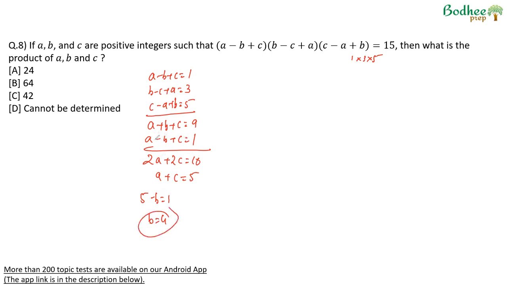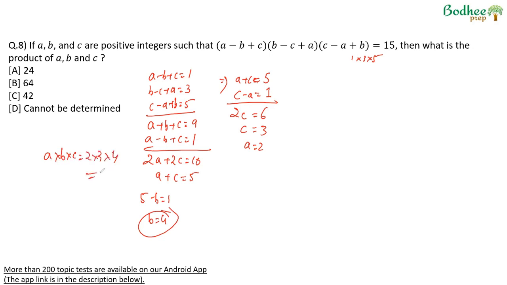If B is 4, from here we can write A plus C is equal to 9 minus 4, which is 5. And from here we can write C minus A is equal to 5 minus 4, which is 1. Again, adding the two, we get 2C is equal to 6, which means C is equal to 3. Putting the value of C in any of the equations, here we'll get the value of A as 2. So A into B into C is equal to 2 into 3 into 4.